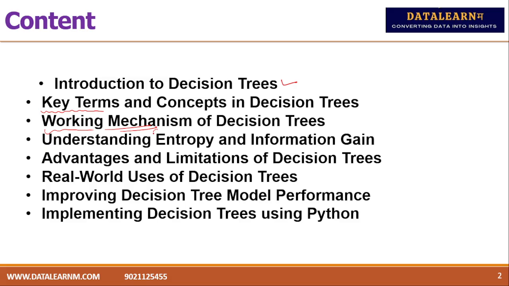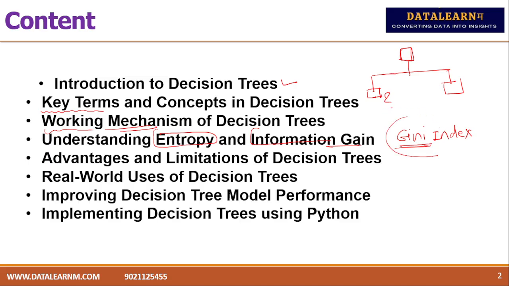Then there is an important thing called information gain and entropy, and one more term, the Gini index. This is the criteria to decide whether to split further or not. Suppose the tree has some data over here, again it is split into two different subparts, and whether we have to split further or not depends on this Gini index or entropy.